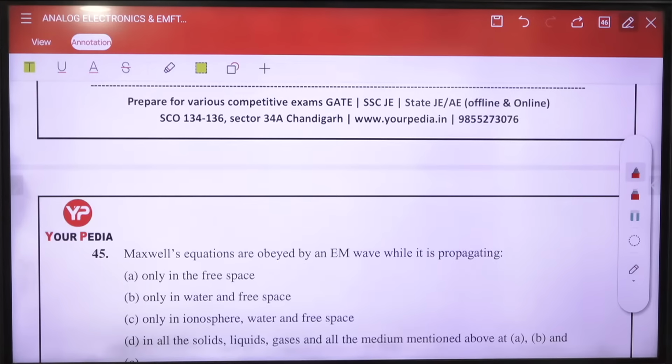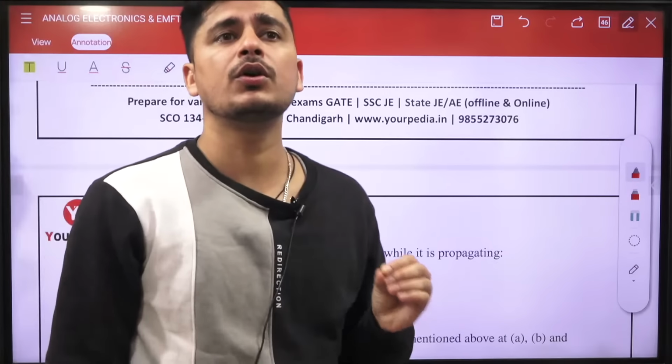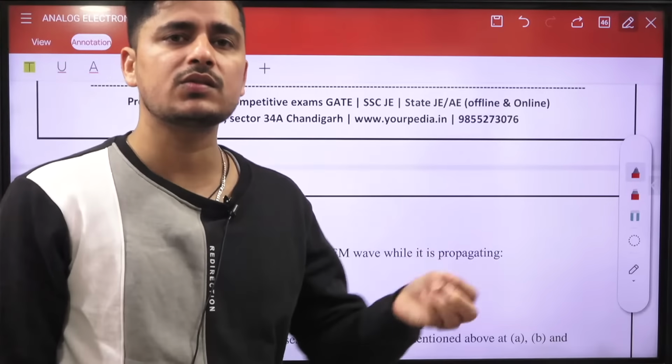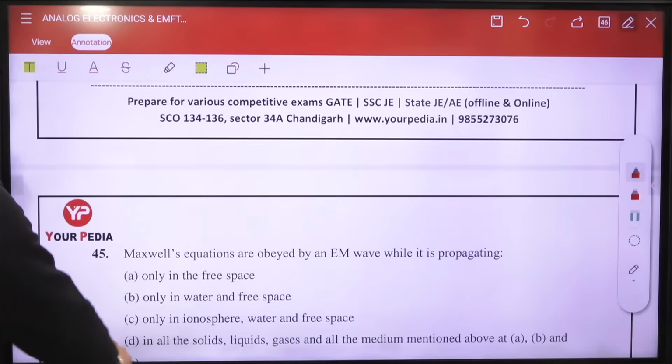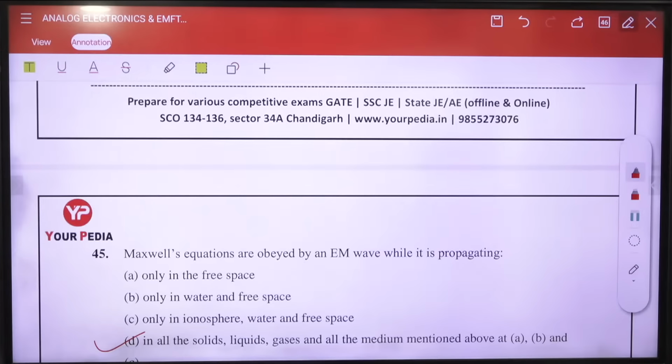Only in free space? No, that's not correct. See, Maxwell equations can be followed in any medium, either it is solid, liquid, gas, or any medium. Right? The answer will be D: in all solid, liquid, gas, and all the medium mentioned above.